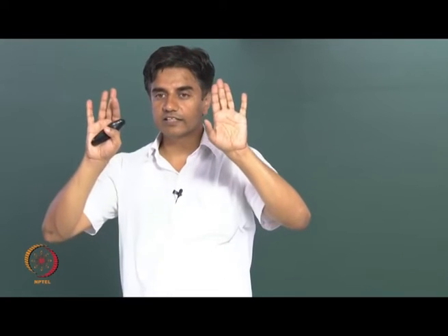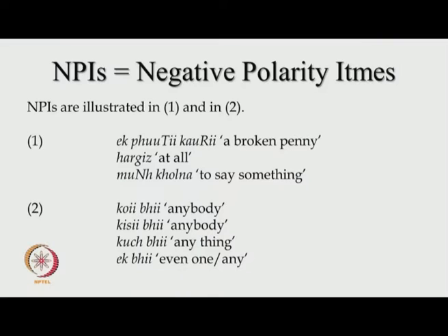So there is a strict classification: one type used only with negation, and the other type which can be used without negation. I have already shown you examples, right? See any one of the examples in the second list, which is कोई भी, किसी भी, कुछ भी, एक भी, right?